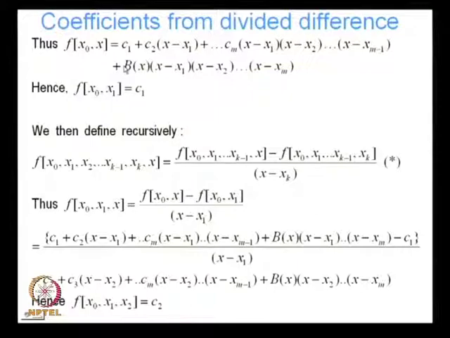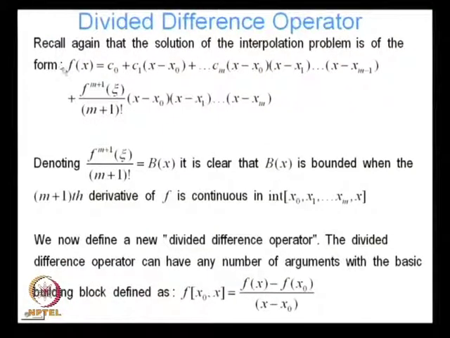So thus f of x0, x is given by this. Why? Well, let's go back and take a look. f of x is given by this, right. So f of x0 is equal to c0. f of x minus f of x0 is therefore c1 times x minus x0, up to cm times x minus x0 and so on, plus this. The c0 term vanishes, right, because f of x0 is equal to c0.